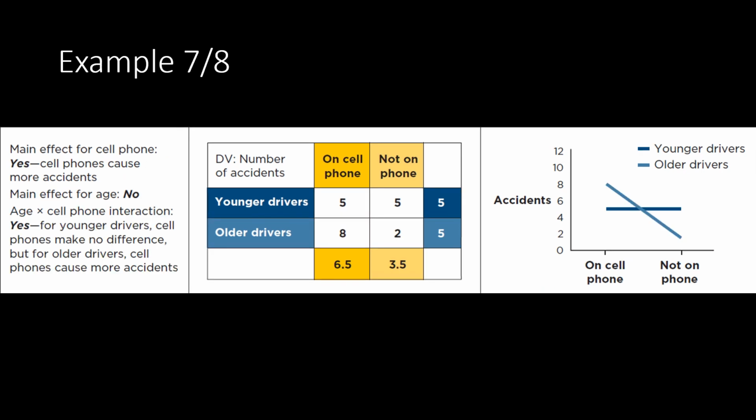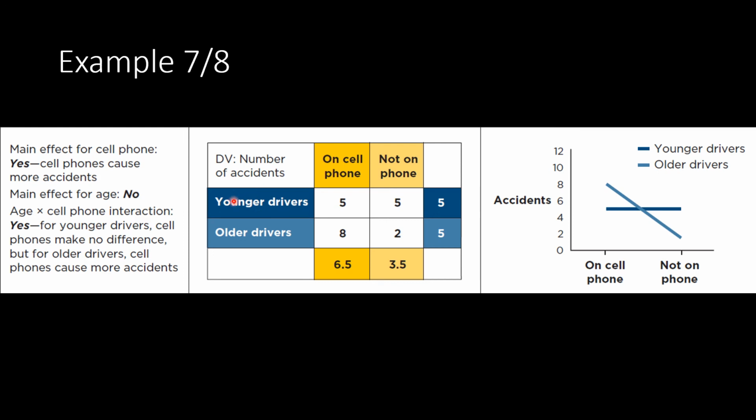Yet another one. Okay, here what I can see is that I have no main effect of age, right? So both younger and older drivers get into an average of 5 accidents. I do have a main effect for cell phone use, where people on their cell phones have more accidents than when they're not, and an interaction, right? So here again, the way age and cell phone use change the number of accidents.